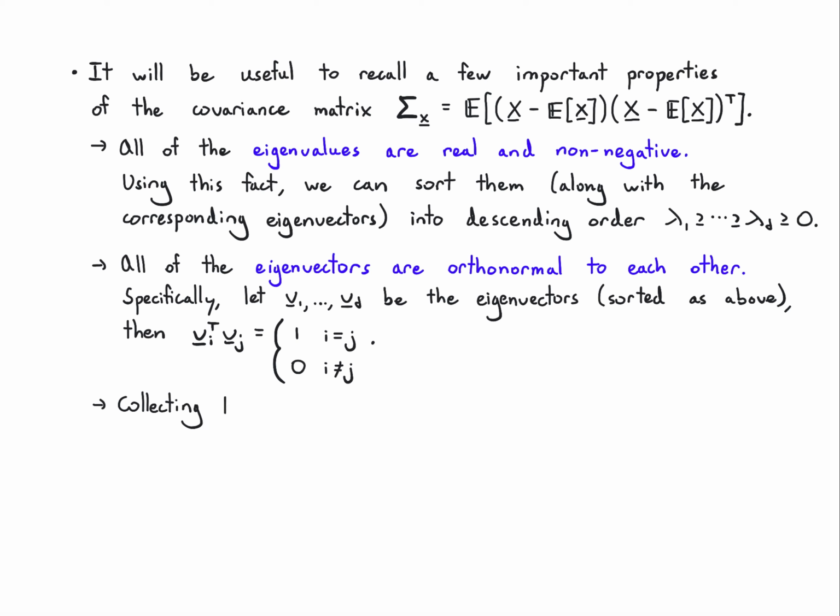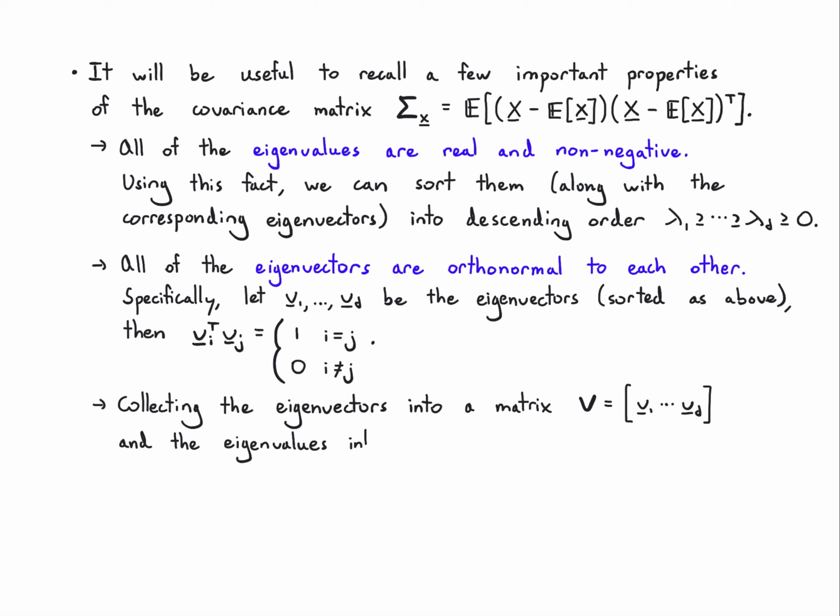So what I can do is collect these eigenvectors into a matrix V, the eigenvector matrix, and I can also collect the eigenvalues into a diagonal matrix, lambda, which has the eigenvalues along the diagonal and everything else is 0.